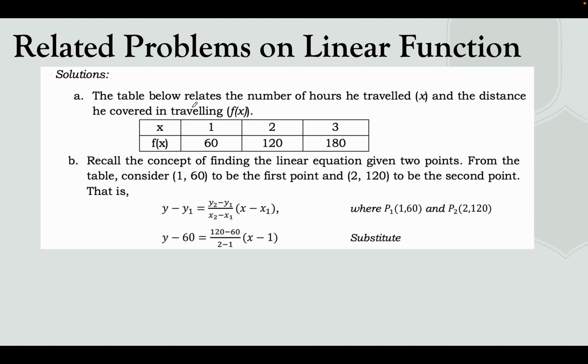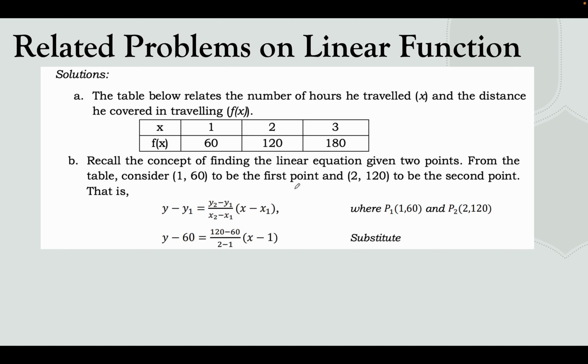So, in B, recall the concept of finding the linear equation using 2 points from the table. You can pick 2 points, class: 1 and 60, and 2 and 120. Consider (1, 60) to be the first point and (2, 120) to be the second point.